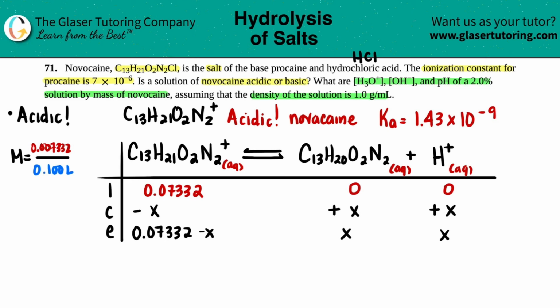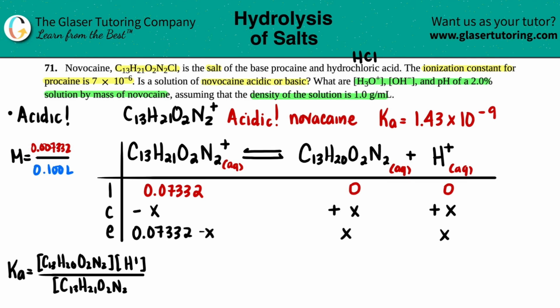Okie dokie. So let's just start from left to right. Ka, if we had to write an equation, just to show you, it would be products divided by reactants, right? So it would be C13H21O2N2 times H plus, and divide that by the original Novocaine, C13H21O2N2, and that's a positive.